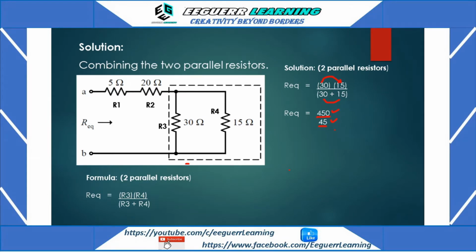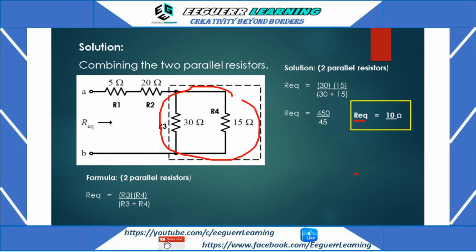So 450 divided by 45 gives us 10 ohms. So the total resistance for this parallel connection is 10 ohms.